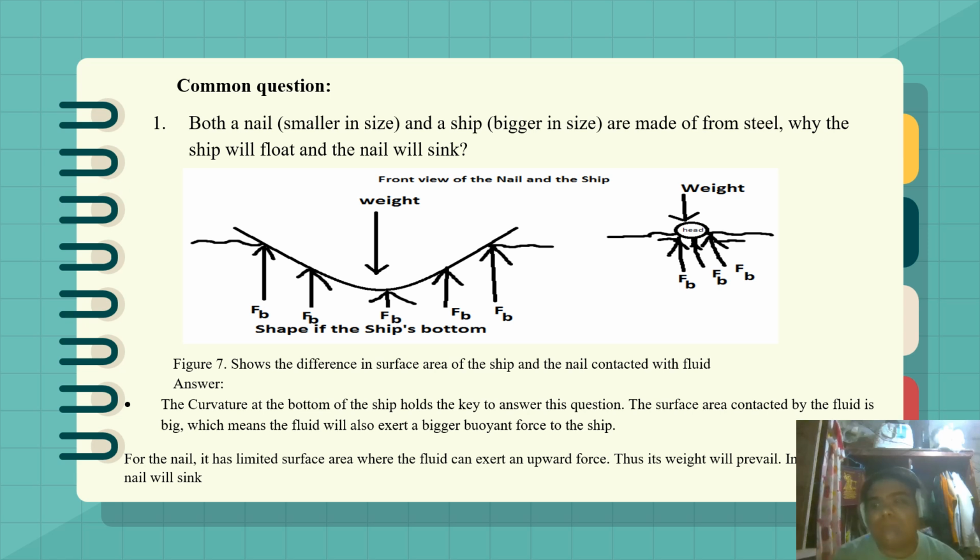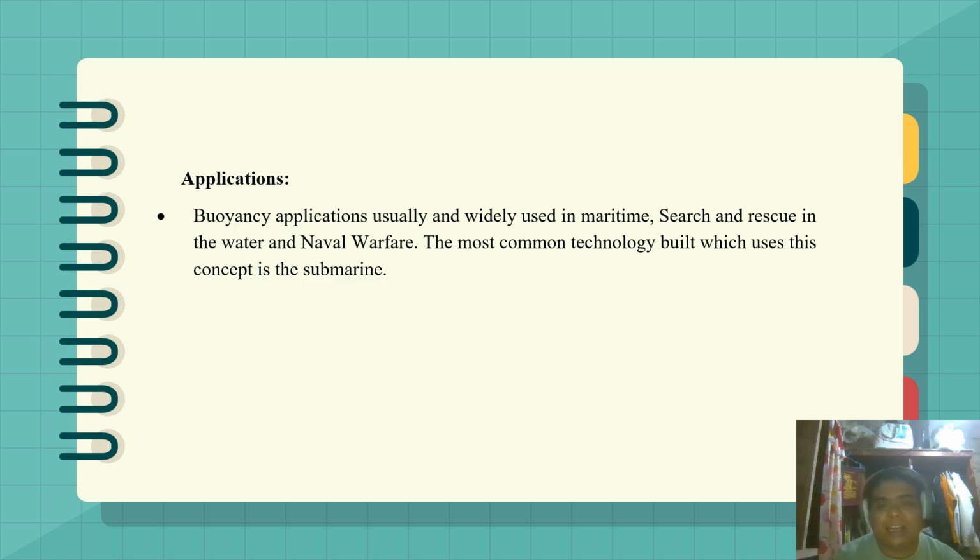So that's why lulubog talaga ang ating nail. So buoyancy application is usually and widely used in maritime search and rescue in the water and naval warfare. The most common technology built which uses this concept is the submarine.